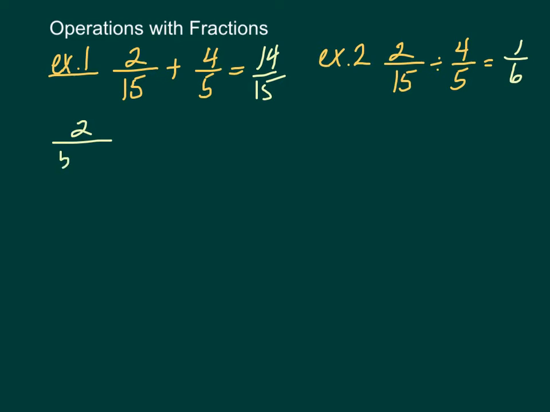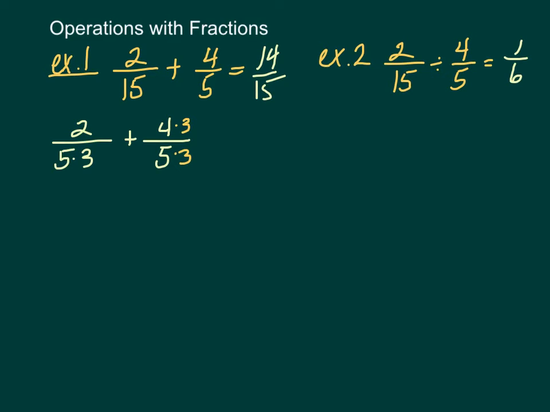I would probably factor the bottom of the first one because I'm going to be looking for a common denominator. And it's going to be a little bit easier to figure out what the lowest common denominator would be if we factor that 15. So if I look at this, I'll notice that the factor that's missing from the bottom of the second fraction is just a 3. So I'm going to multiply top and bottom by 3.